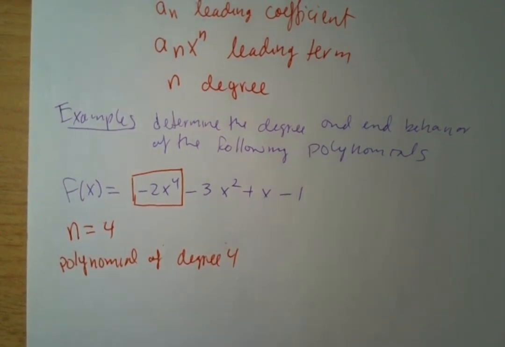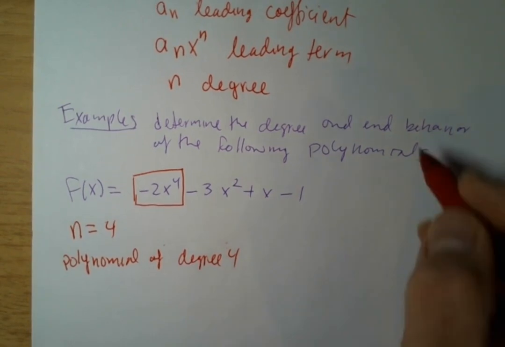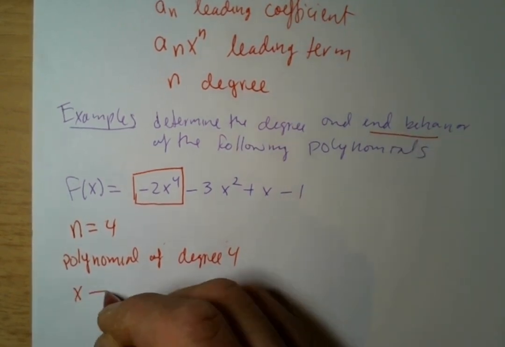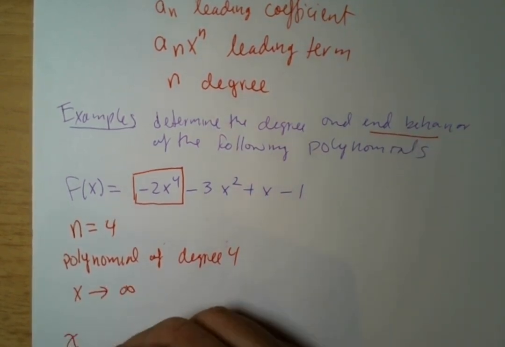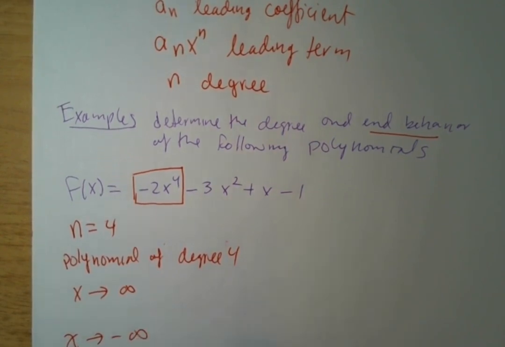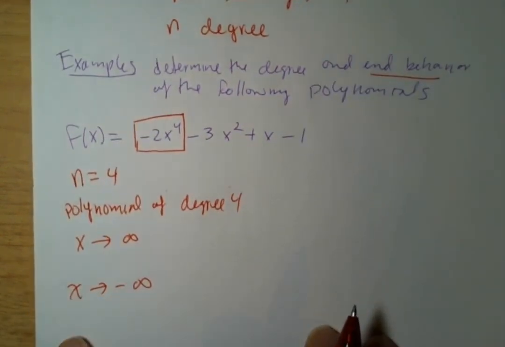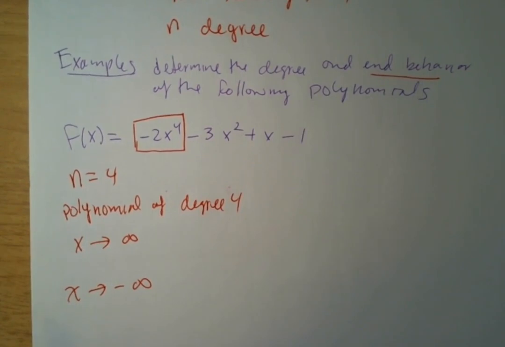The next thing is to determine the end behavior, and what we mean by end behavior is this: what happens as x goes to infinity and x goes to negative infinity.